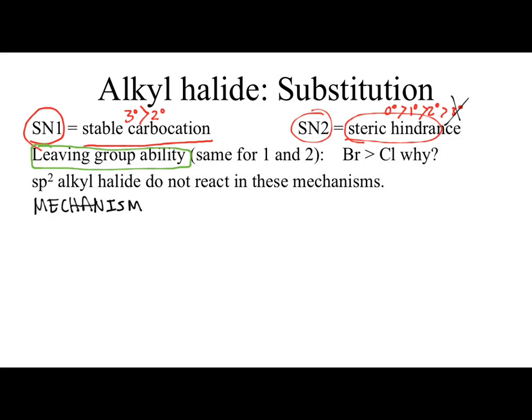The bigger that group is, the more it can stabilize that charge, which is why resonance is a really good stabilizing factor. We're taking that negative charge or a positive charge and spreading it across a large area. In this case with bromide and chloride, there's no resonance, but it's a size argument. Bromide is much larger than chloride.